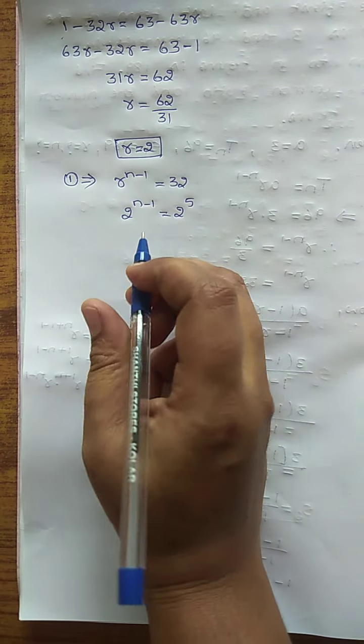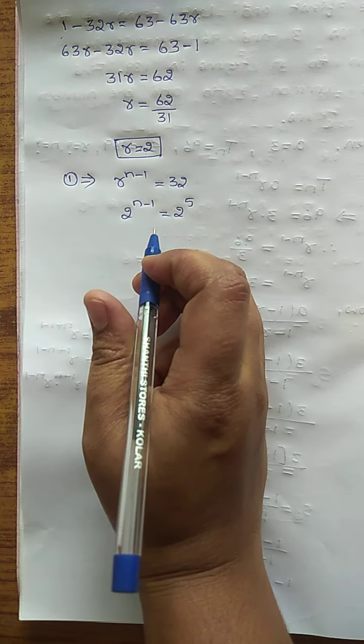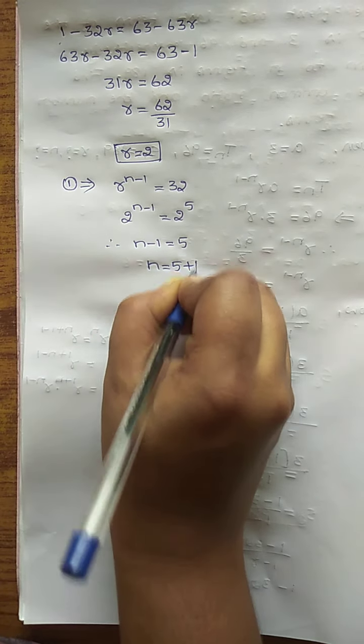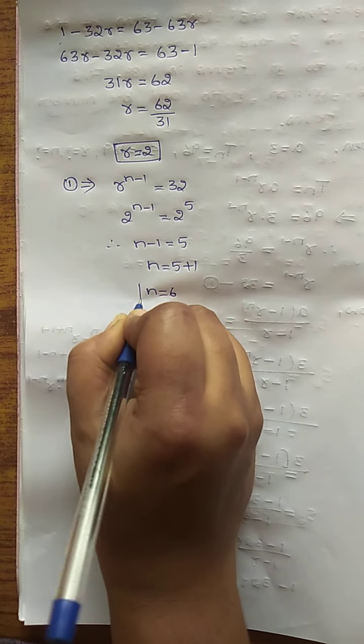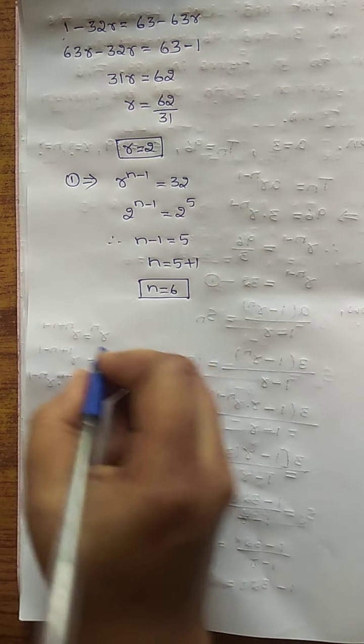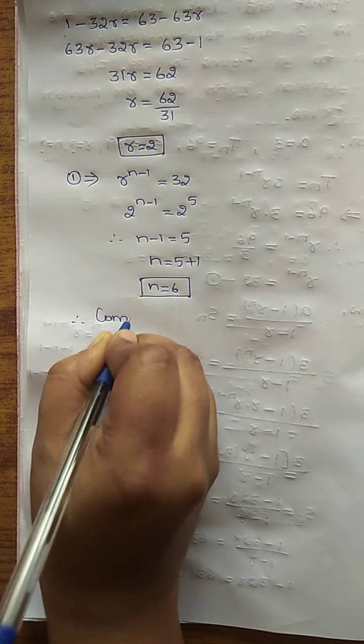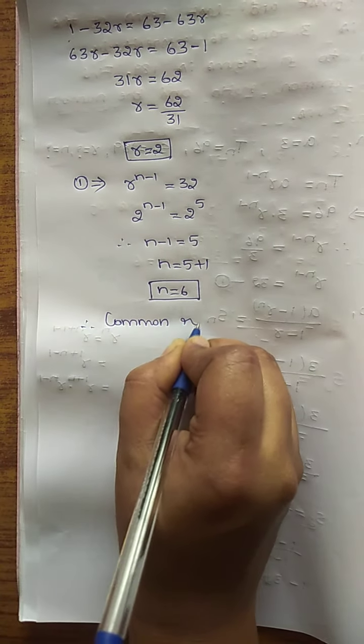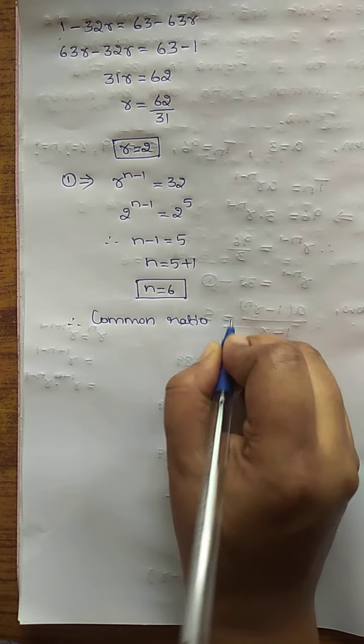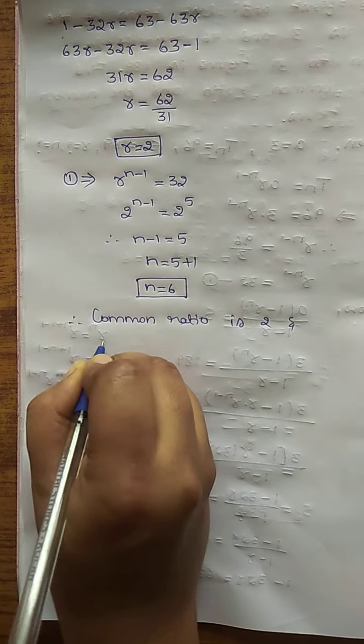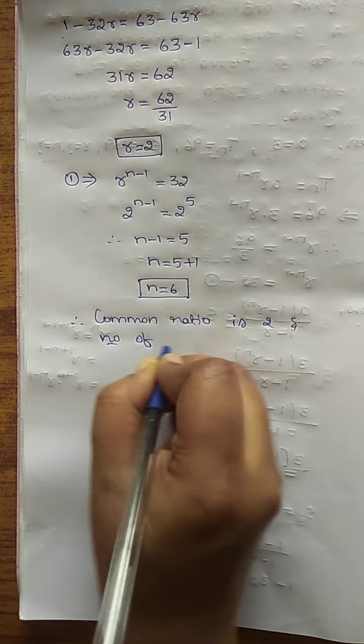Since the bases are same, powers are equal. Therefore, n minus 1 equal to 5, n equal to 5 plus 1, n equal to 6. Okay. Therefore, common ratio r is 2 and number of terms equal to 6.